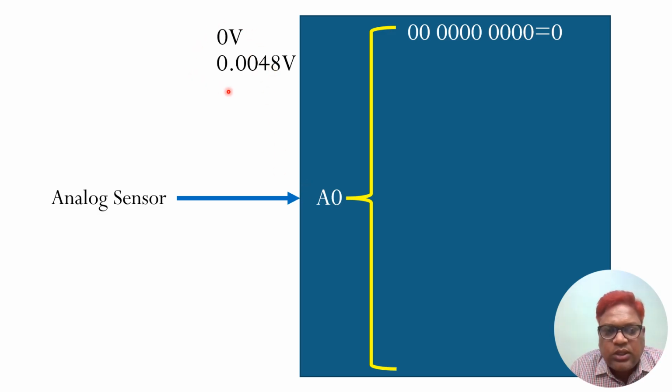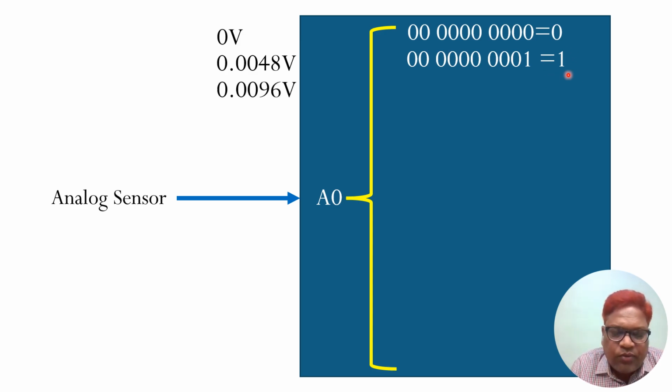For the smallest change in the input, there is a corresponding change in the output, one LSB change. So if the voltage is between 0 and 0.0047, it will be treated as 0 only. But whenever there is a step change of 0.0048 volts, the 10-bit number received within the Arduino becomes 1, so we get decimal number 1.